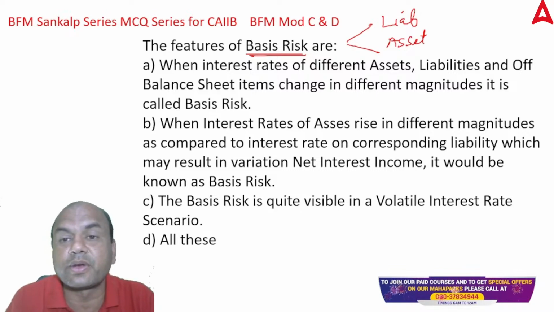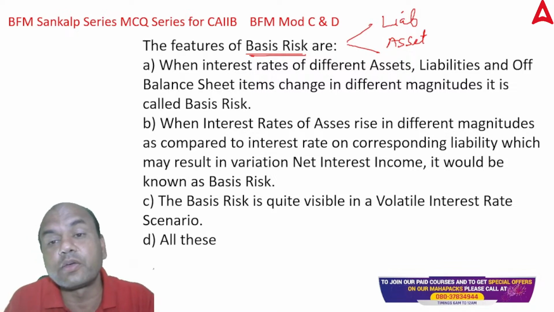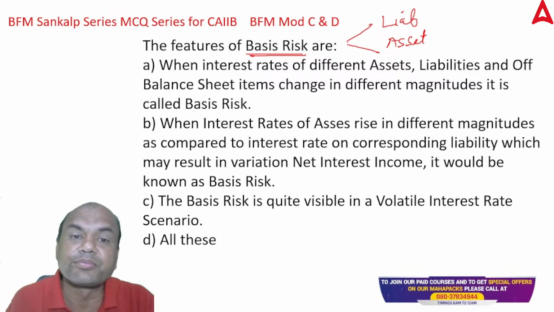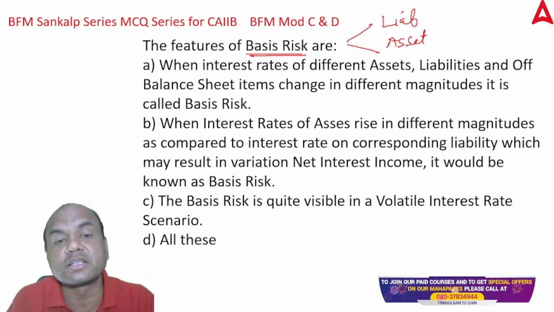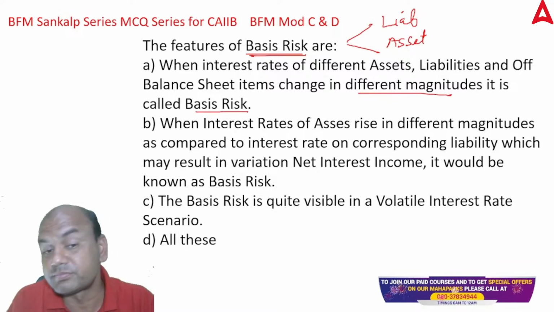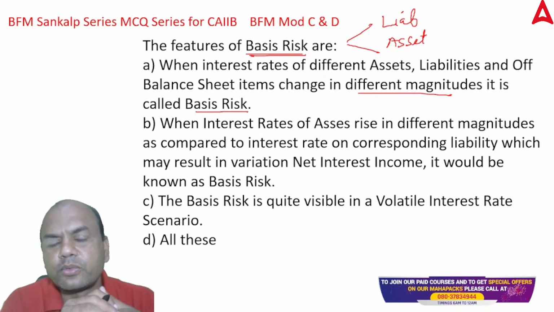For example, the rate of interest on deposits changes by 2% and the rate of interest on loans changes by only 1%. That is known as basis risk. When the interest rates of different assets, liabilities and off-balance sheet items change in different magnitudes, it is called basis risk. Now you tell me, is A true? Is A the correct answer?